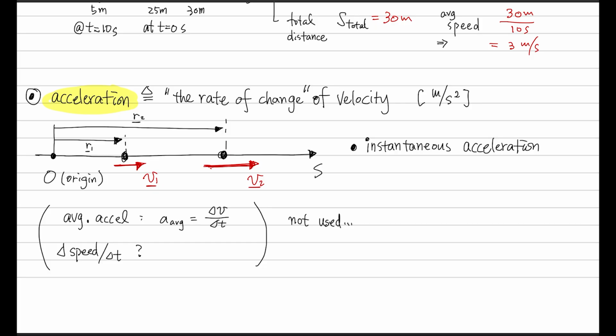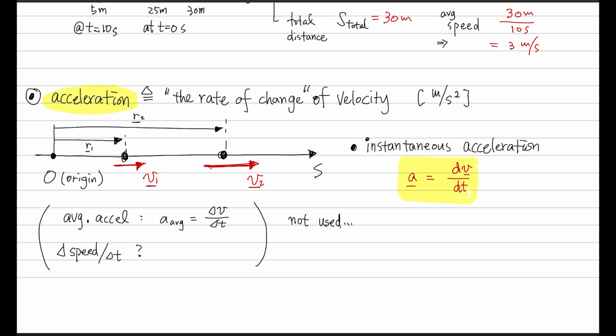But later on, at this point, you have velocity still going to the right side, but now it has large quantity, so it became faster. And instantaneous acceleration is, again, dv dt. This is all something you learned from physics course, I believe.